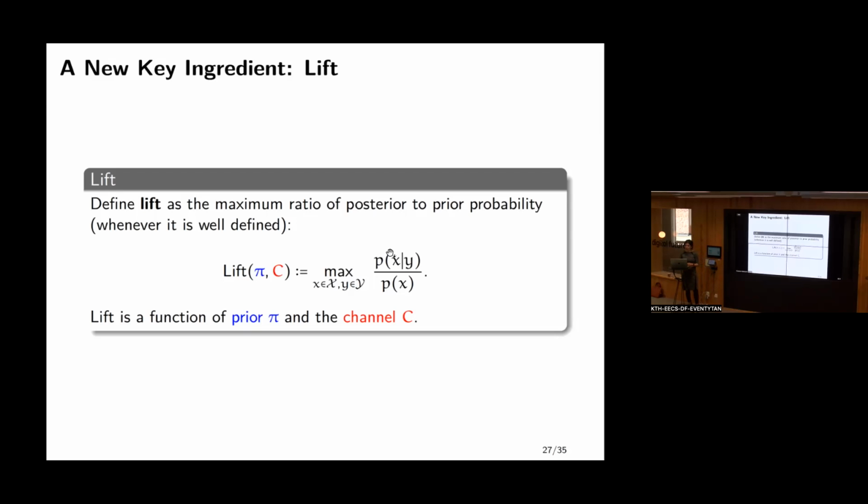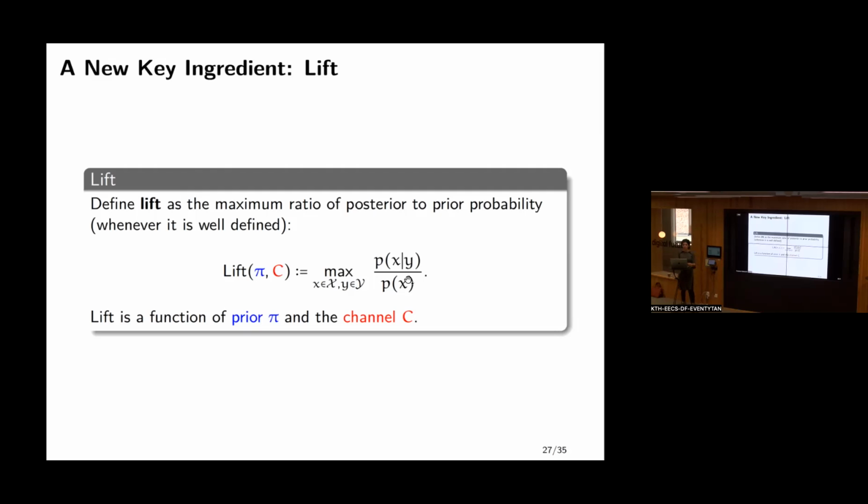If you ignore this maximization, the average of this lift, if you average it over the joint distribution of x and y, the log of it, of course, would become Shannon mutual information. But here we are interested in the highest value of this ratio.